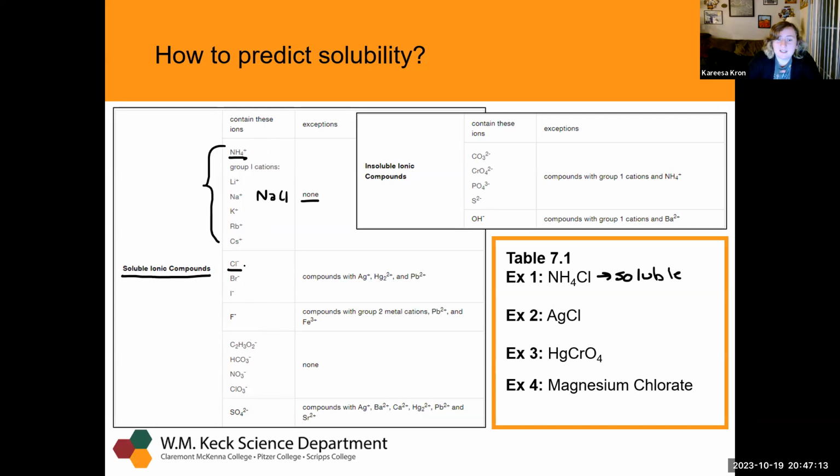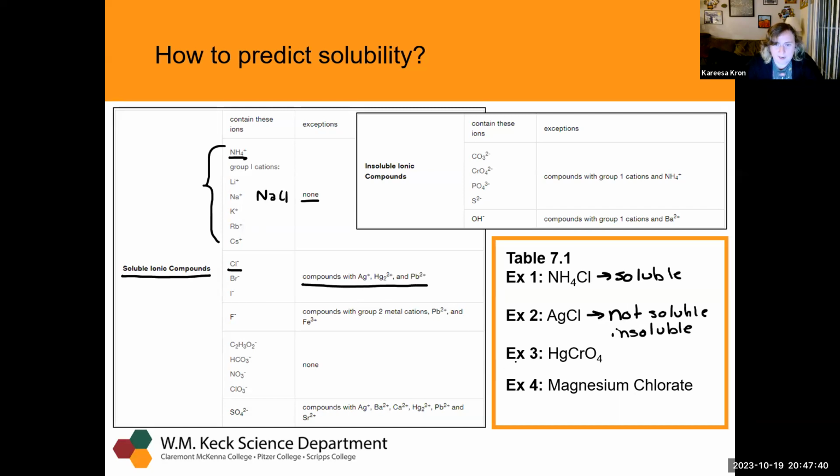And so it says that chloride is typically soluble, except if it's combined with silver, mercury, or lead. And because this includes silver, this is not soluble, or insoluble. And so that's how I'm reading through this table.